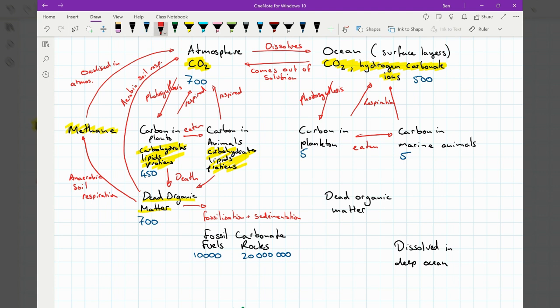You then have death into dead organic matter, 3,000 billion tons. And you can have decay, and it's dissolved into the deep oceans. And that makes up 35,000 billion tons of carbon.